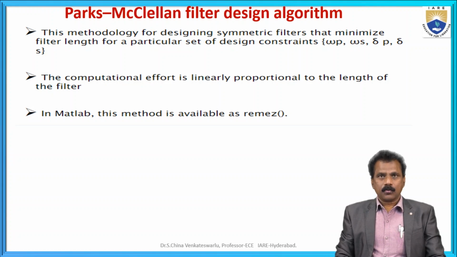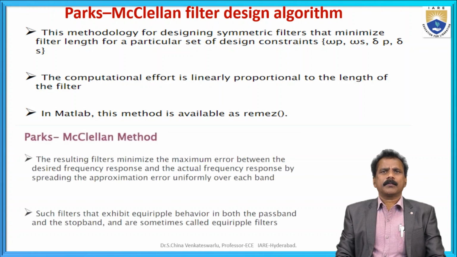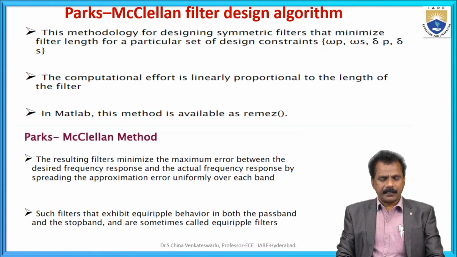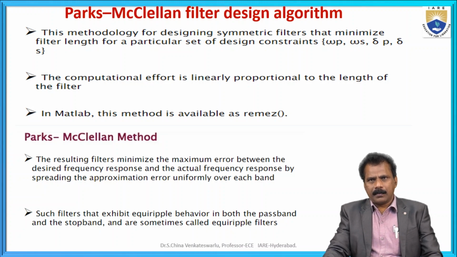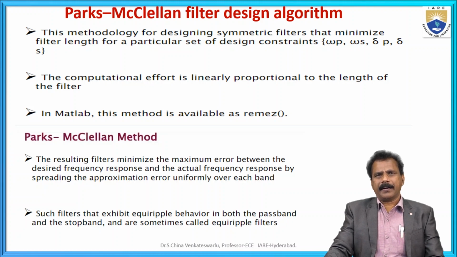With the Parks-McClellan method, the resulting filter minimizes the maximum error between the desired frequency response and the actual frequency response by spreading the approximation error uniformly over each band.